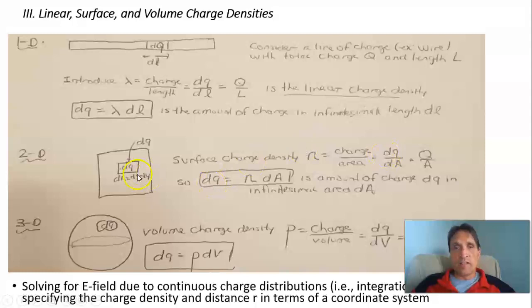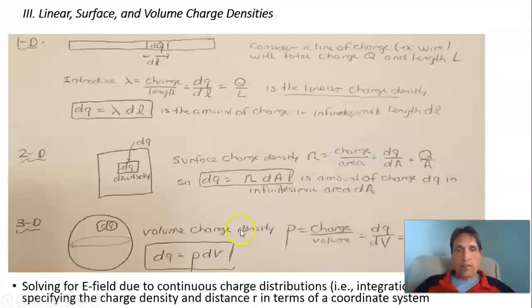Or for an infinitesimal charge in an infinitesimal area dA, the charge per area would be delta Q over delta A. Similarly, delta Q is equal to the charge per area times the area, or eta times delta A. This is expressing dQ in terms of a surface charge density, where eta has units of coulombs per meter squared.